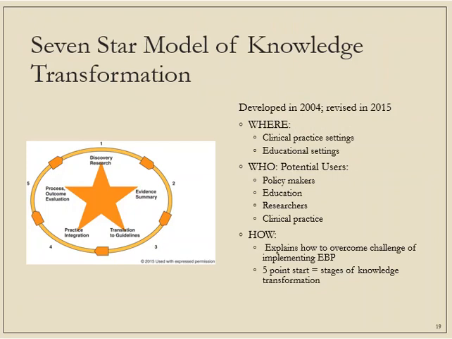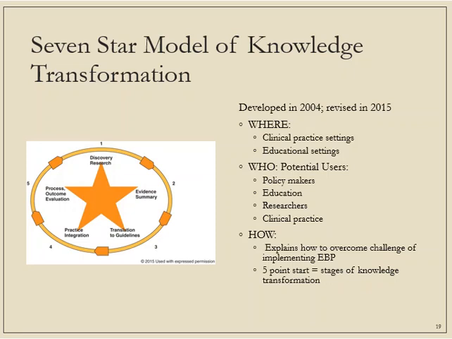And finally, the 7-star model of knowledge transformation. This model was developed by Kathleen Stevens in 2004 and then revised in 2015. It grew out of work from the Academic Center for Evidence-Based Practice at the University of Texas Health Science Center at San Antonio. Which makes sense, right? It's a star, so it's from Texas.